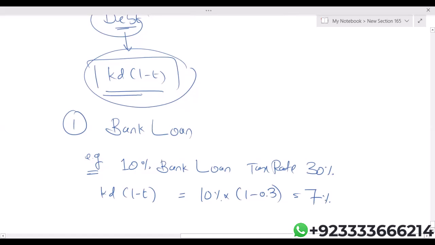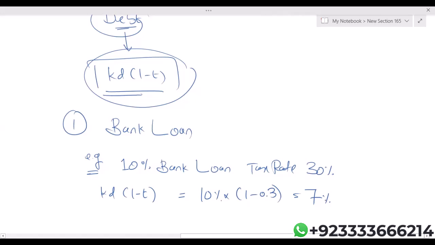Another thing is, in case of bank loan, we always assume that book value of bank loan is equal to market value. Why? Because when we calculate cost of capital, we always use market values, number one, and number two, bank loan is an instrument which is not traded at a stock exchange.